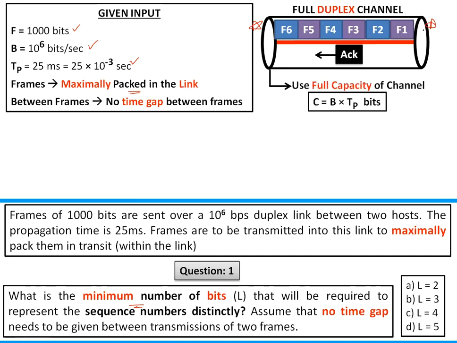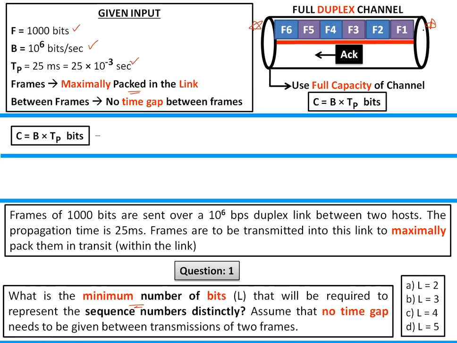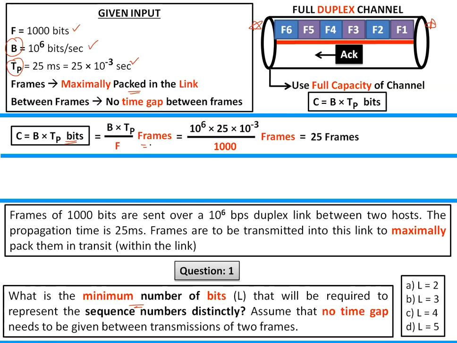So capacity is equal to bandwidth into delay. Bandwidth is given as this one, delay is given as this one. So how many frames? Bandwidth into delay gives bits; if you want it in frames, you have to divide by the frame size. That is 25 frames.